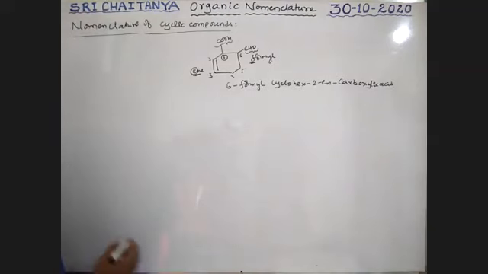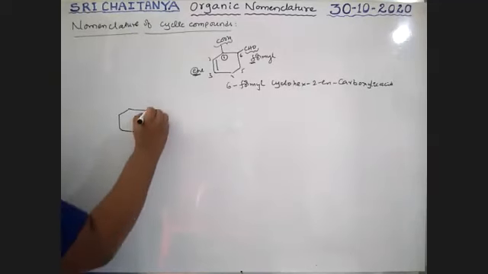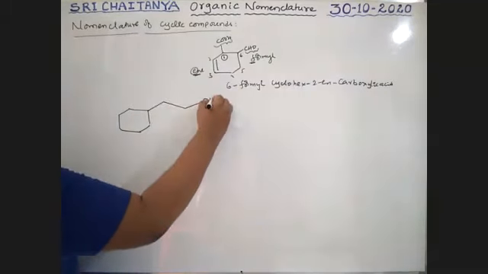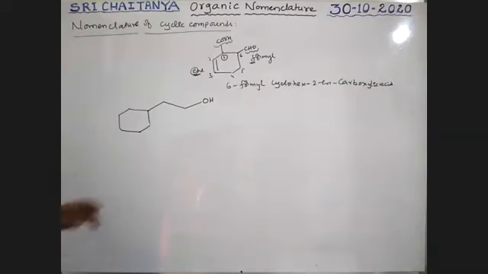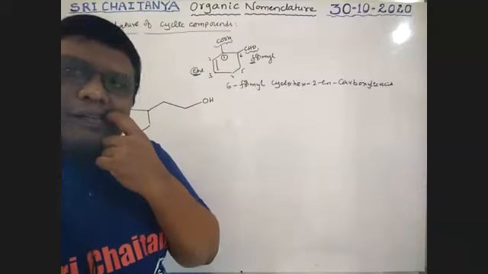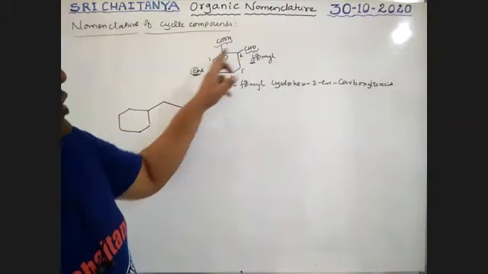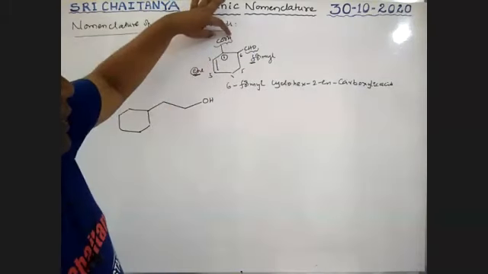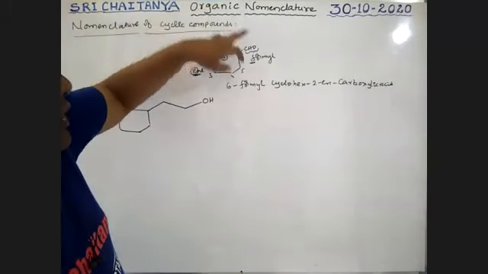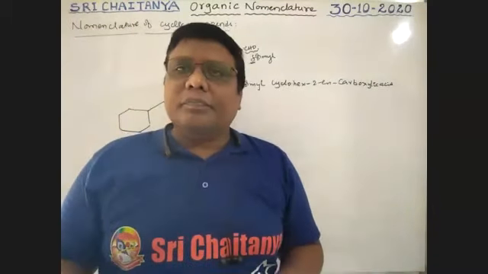Next, see here, boys. But okay, CHO double bond. In the presence of this COOH, this is a substituent, this is a substituent. All substituents are equivalent.